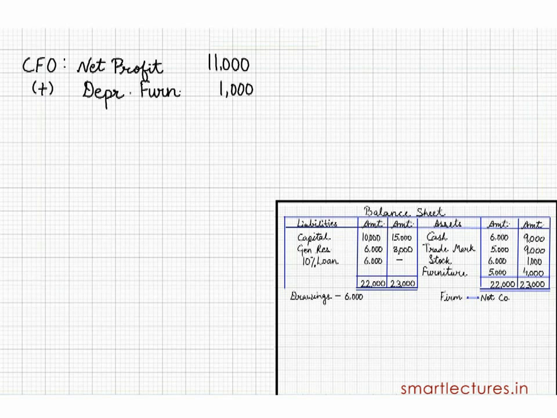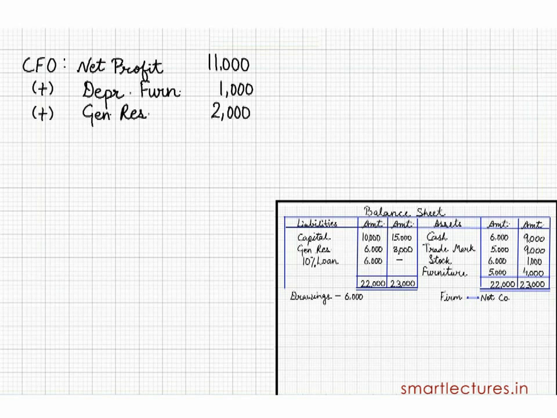Capital, nothing to do with cash from operation. General reserve 6,000 to 8,000. It means an amount of rupees 2,000 has been transferred to general reserve, so it will be added to net profit, rupees 2,000.